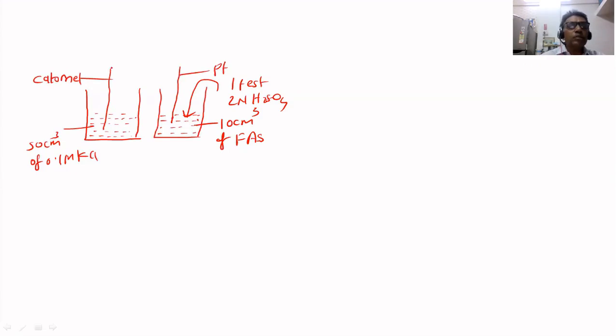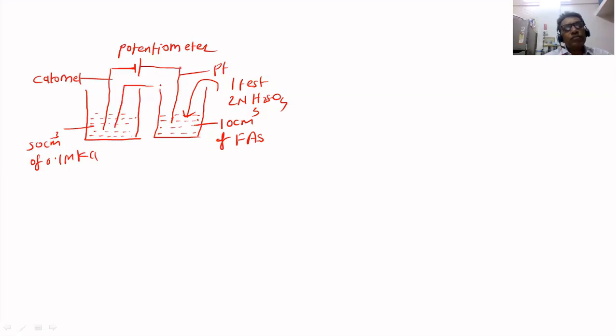Now the calomel electrode should be connected to the negative terminal of the potentiometer, and the platinum electrode is connected to the positive terminal of the potentiometer, where the potentiometer measures the potential difference between the two electrodes, right hand side electrode minus left hand side electrode, and that is also called the EMF of the cell.